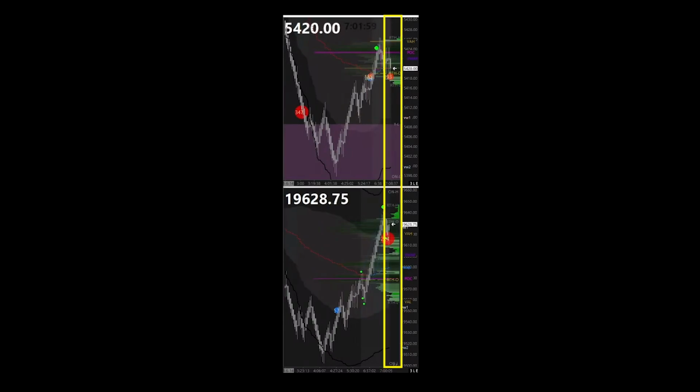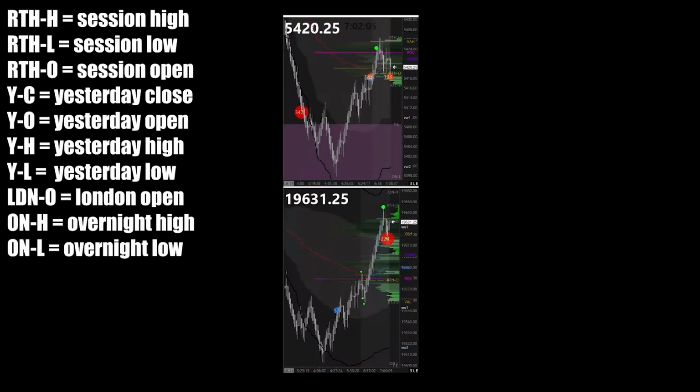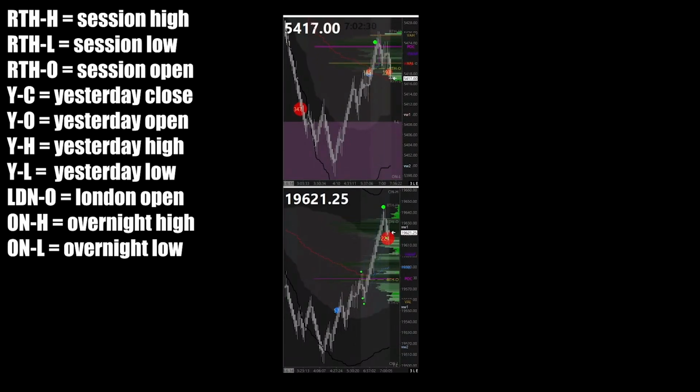If you look closely, you'll also see a couple different letter codes. They are RTH-H for regular trading hours high, RTH-L for the regular trading hours low, RTH-O in dotted yellow for the opening price of the cash session, Y-C for yesterday's close, Y-O for yesterday's open, Y-H for yesterday's high, Y-L is yesterday's low, LDN-O for the London session open, which begins at 12 Pacific or 3 a.m. Eastern, ON-H for the overnight high, and ON-L for the overnight low.